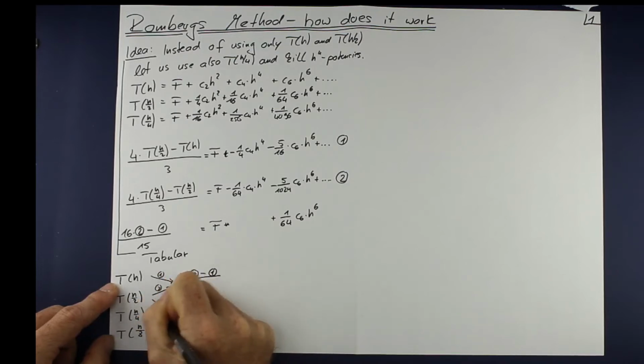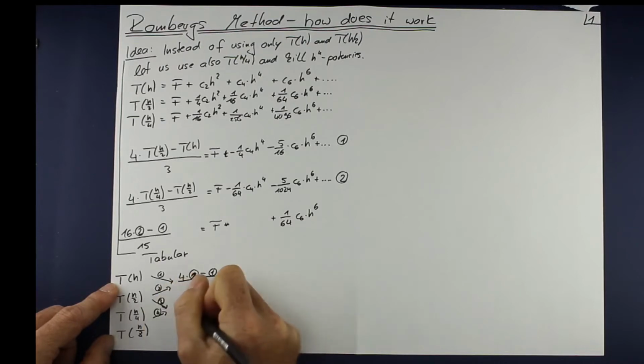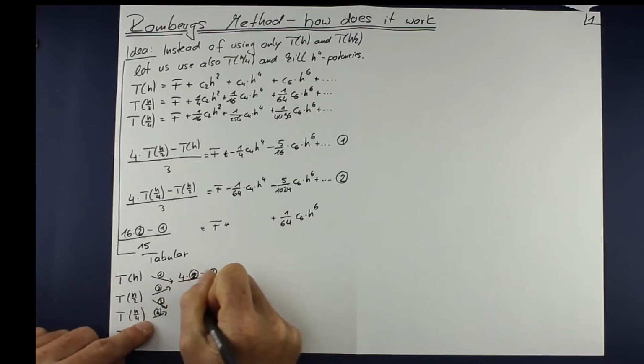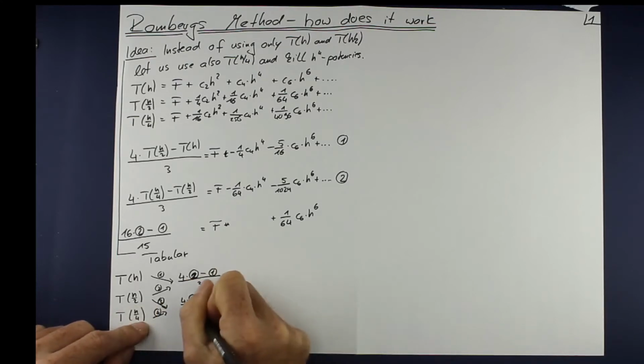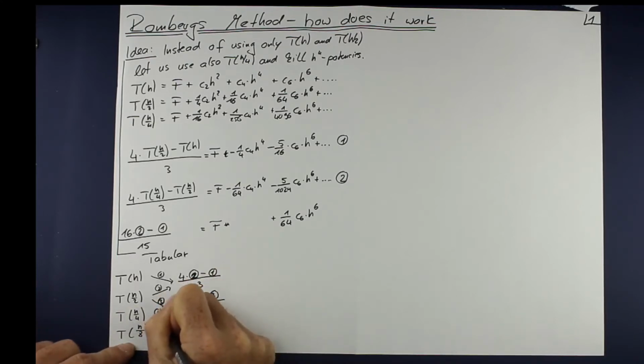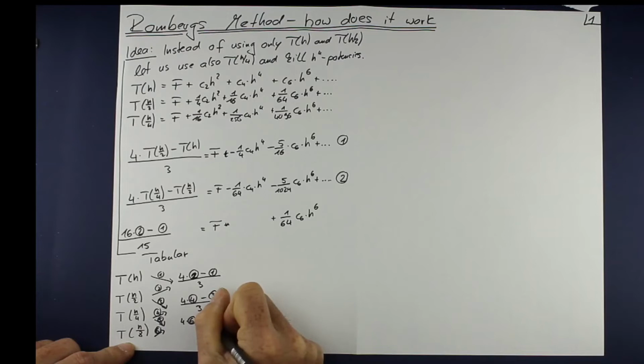And then here also, if this is 3, 3 is the same as 2, and then 4 times the better value minus 1 times the more coarse value divided by 3, and here also 5, 6, and 4 times the better value minus 1 times this value divided by 3.